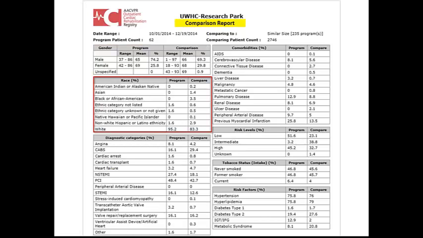Then I'd look at the race makeup to see if we have maybe a higher fraction of minorities. That might affect our outcomes. I'd maybe scan through the diagnostic categories. And here, what I do mentally is I add up the valve repairs, the surgery patients, and the CABG patients.